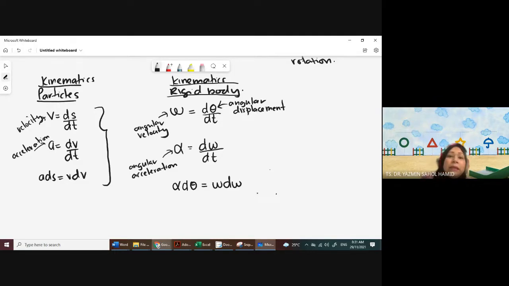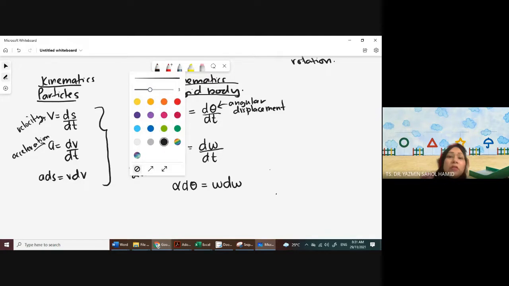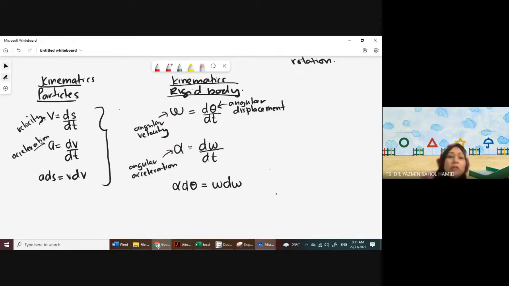It's the same thing. Cuma, if you notice here, velocity ni dah jadi apa? Omega. Acceleration dah jadi apa? Alpha. And then, yang ada displacement ni, ds ni jadi apa? Angular displacement. Nampak ni? D theta. Okay, it's the same thing. Okay, alright.